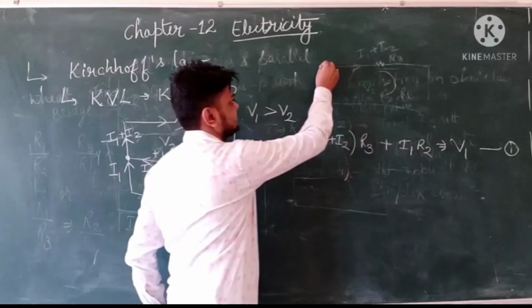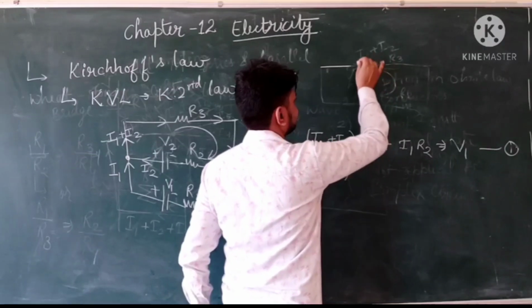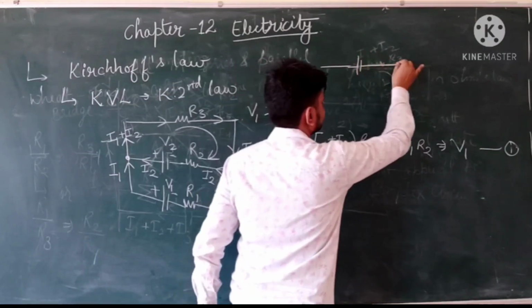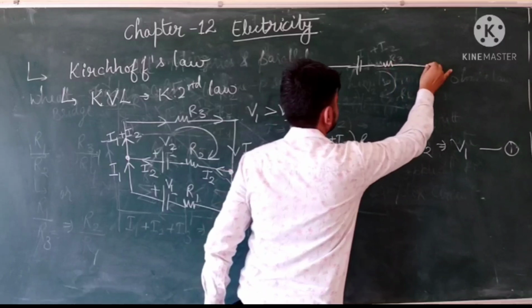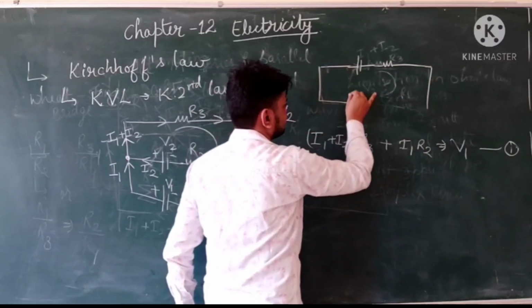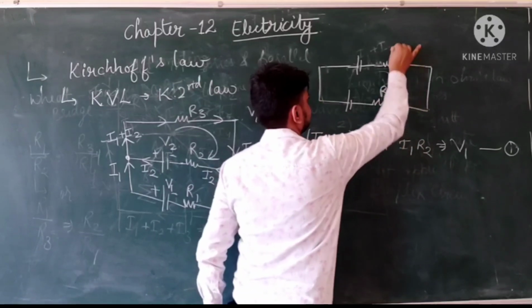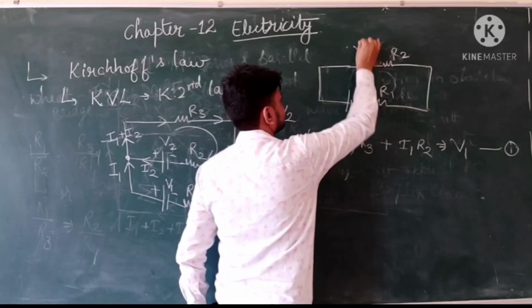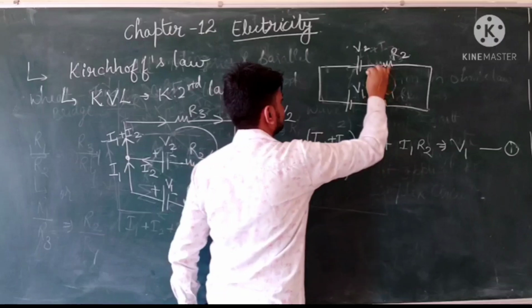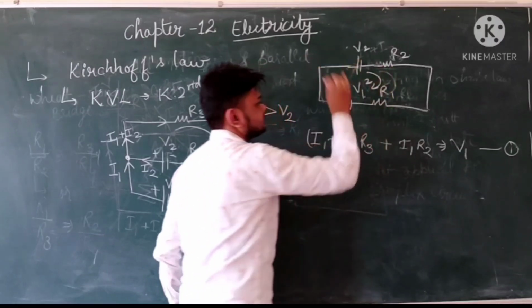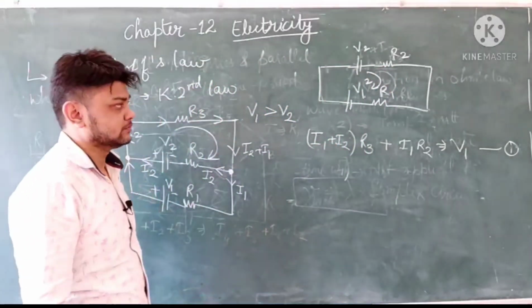The second circuit here, on the top it is having a battery with a resistance, and on the bottom it is having a battery with another resistance, R1, R2, V2 and V1. Again my loop will be in the same direction. Loop number 2.